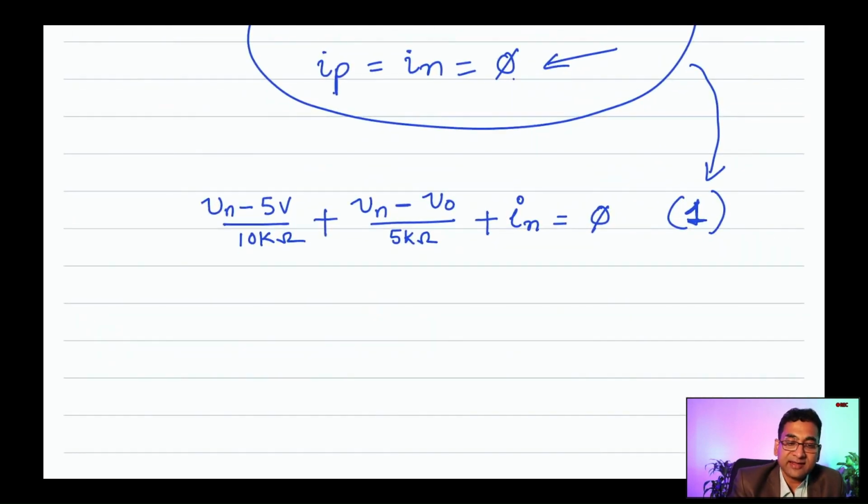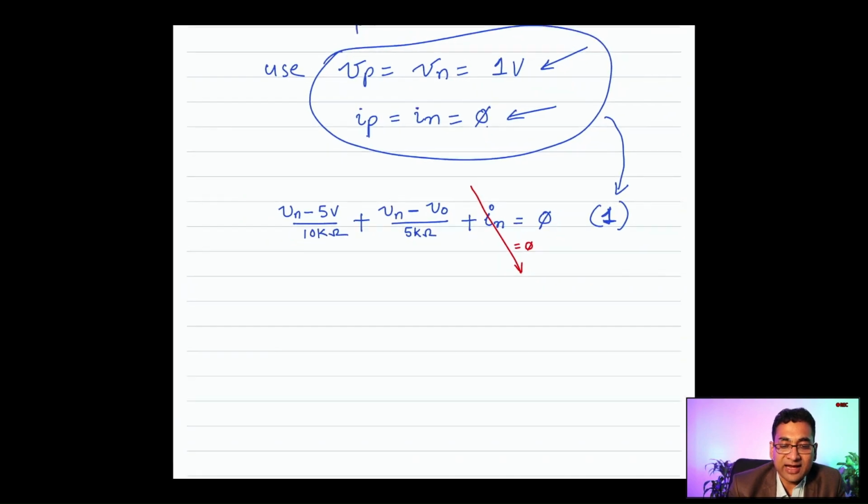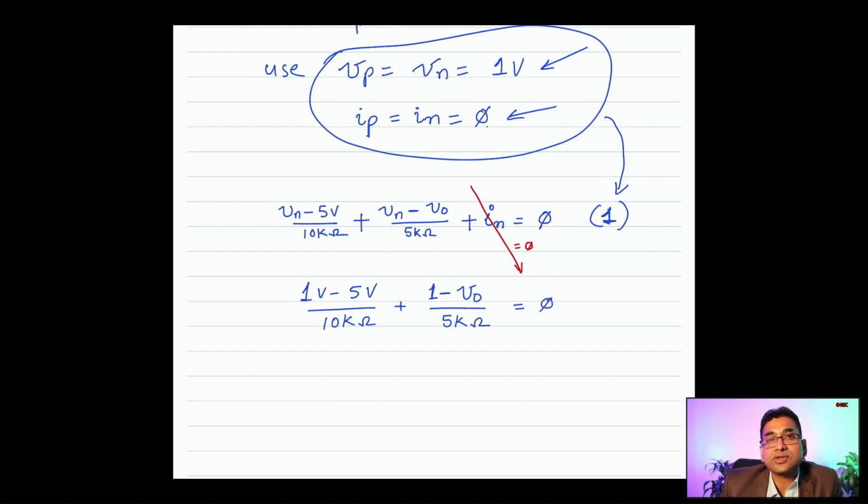So what happens? The first thing I'm going to do, and I get a lot of pleasure by doing that, is to make In equals 0. Now I plug in a value of Vn equals 1. In place of Vn, I'm going to plug in 1 volt: 1 minus 5 volts by 10 kilo ohms, plus 1 minus Vo by 5 kilo ohms, all of that equals 0.